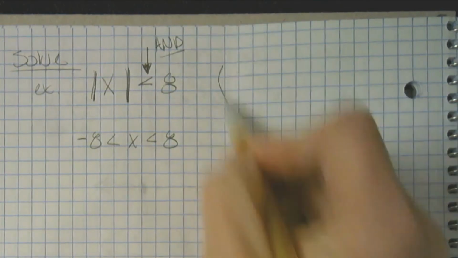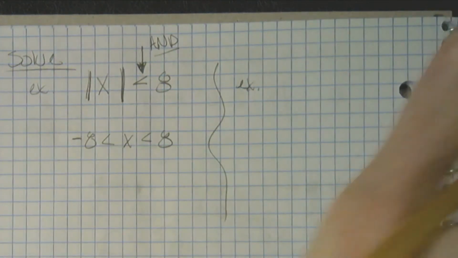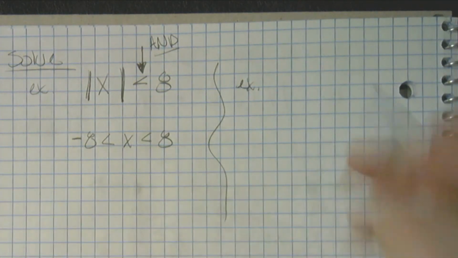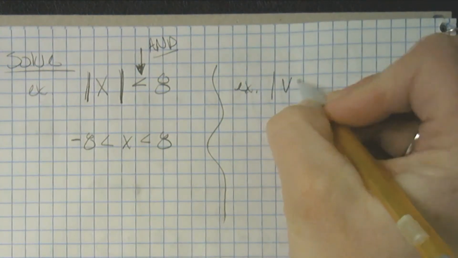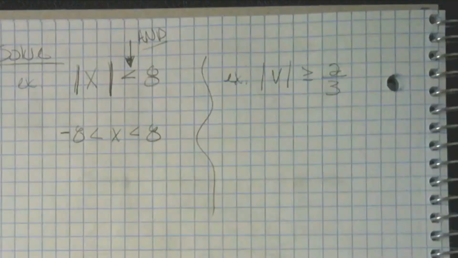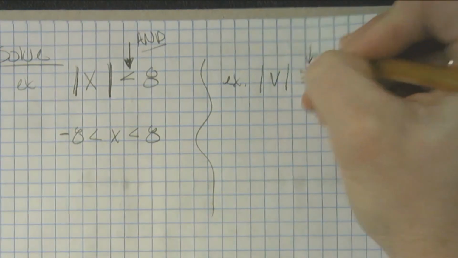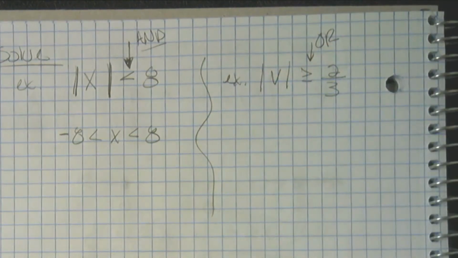All right, let's do another one, and then I'm going to put an expression in there. Let's do the absolute value of v is greater than or equal to 2/3. So all of you split that. All right, that's an or because it's a greater than.